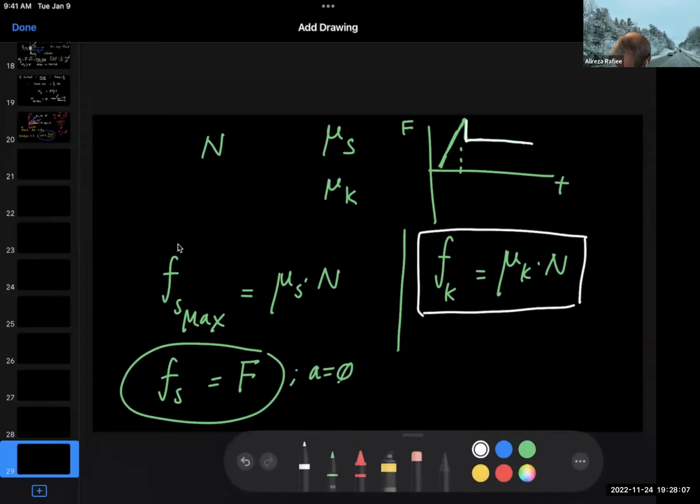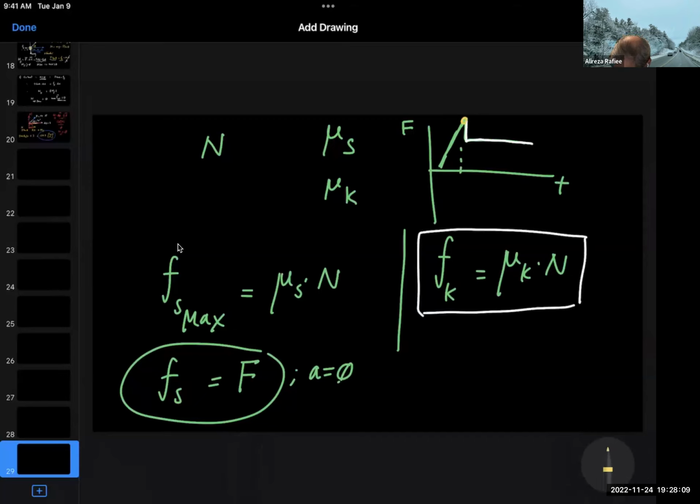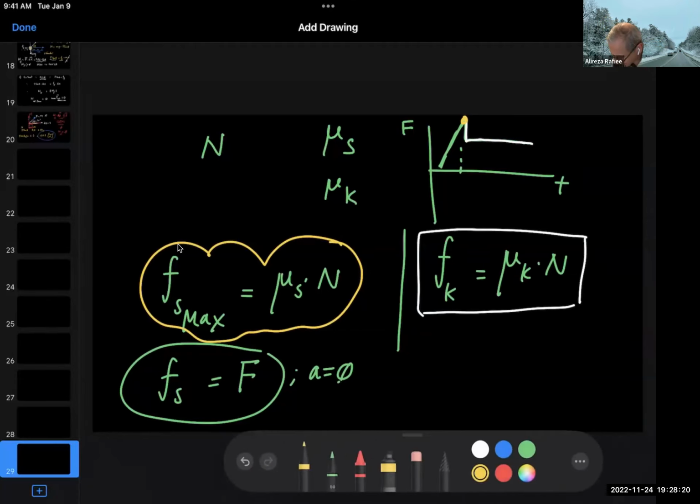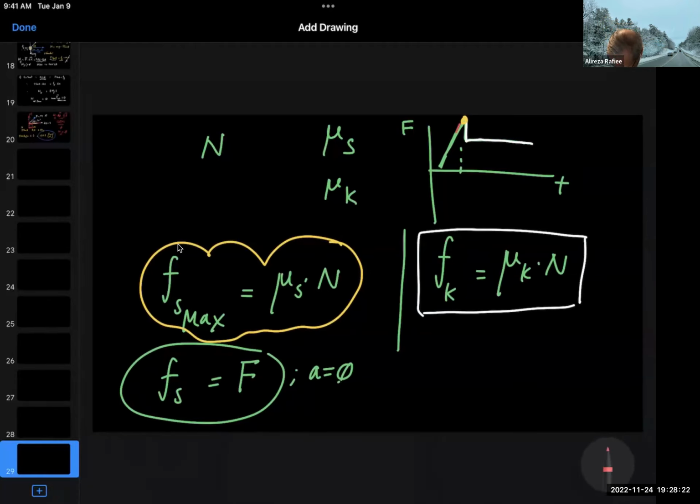Now, the maximum amount at this top can be calculated from the maximum friction force. Good? But as long as the object is not moving, you can say that the static friction is equal to the force which you apply, whatever the force you apply.